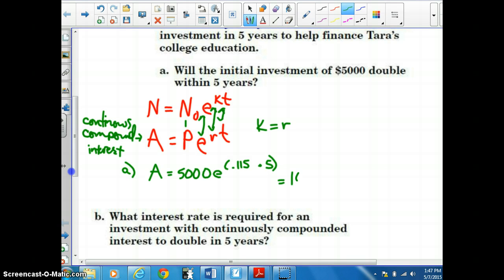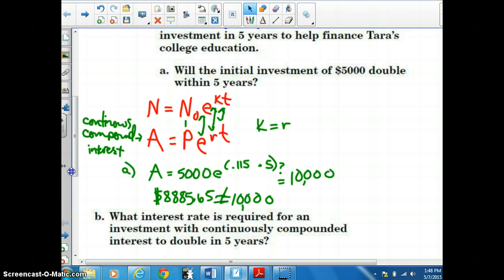And we just want to see if that's equal to $10,000. What we find out is that A is actually equal to $8,885.65, which is obviously not $10,000. So it won't double, at least not in 5 years.